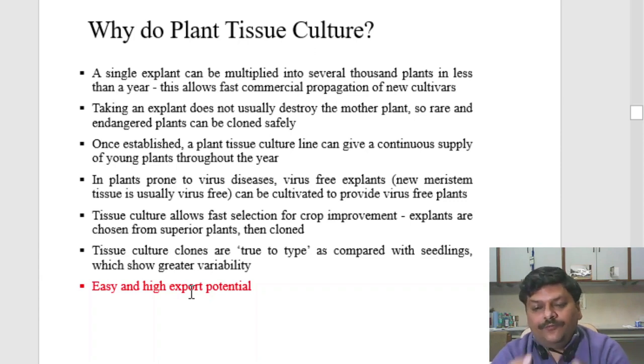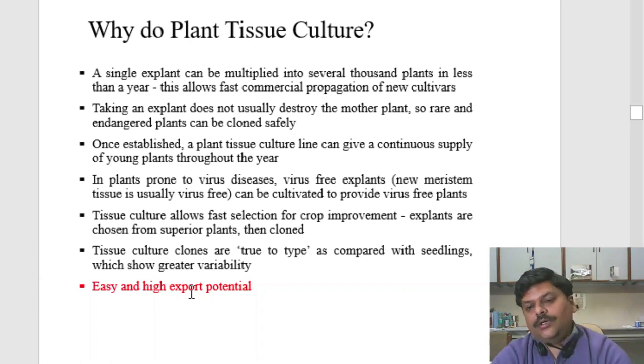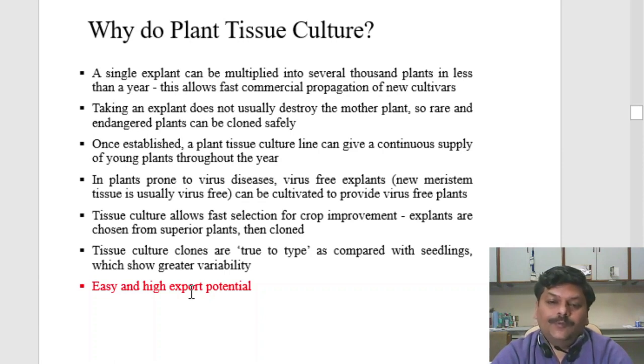Another benefit is that if we have established a particular system for a crop of choice, then we can keep on producing our plants for maybe many years, 10, 20, 30 years, without disturbing the original source of the explant.